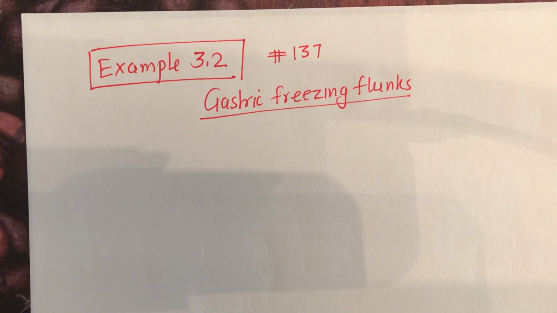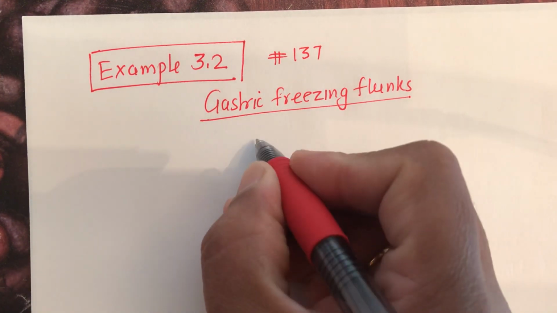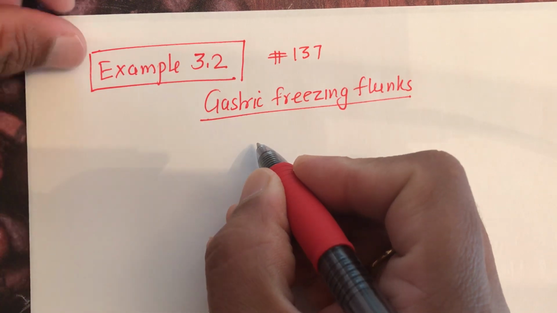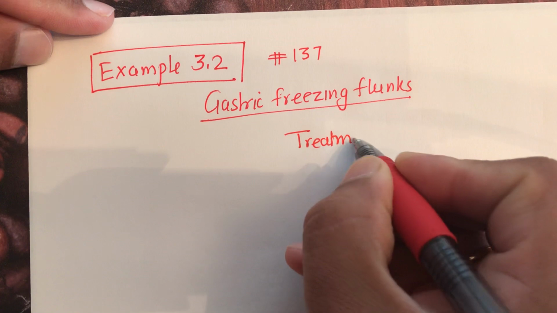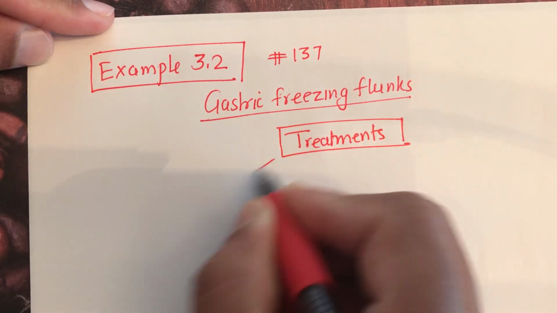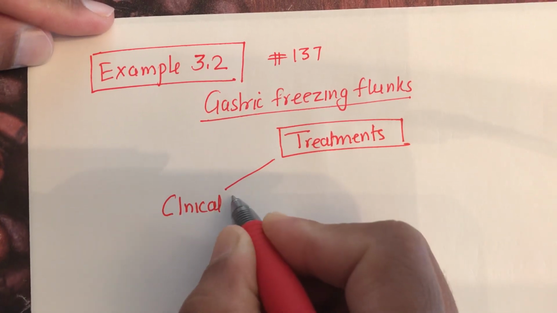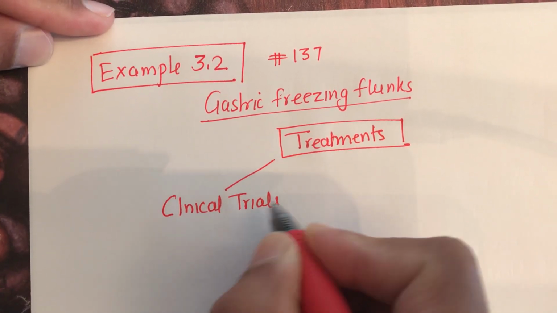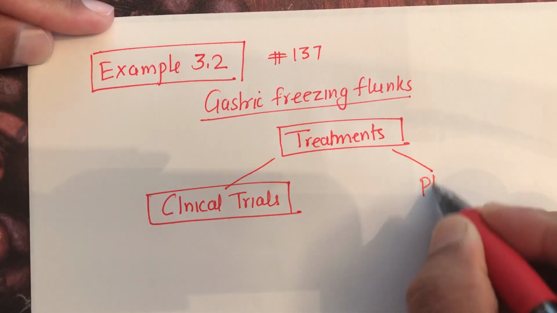The very first thing we need to know is that when we do treatments, they could be of two kinds. The first kind could be clinical trials, and the second one could be the placebo effect.